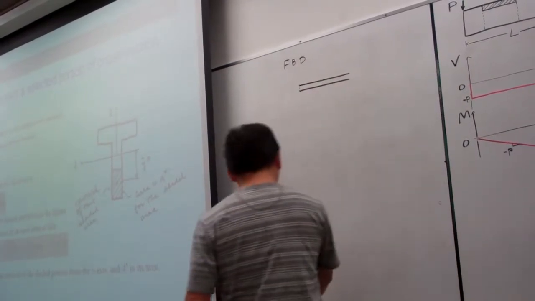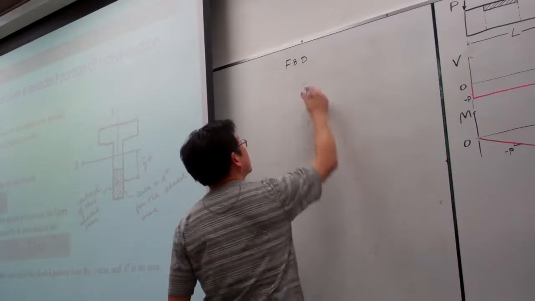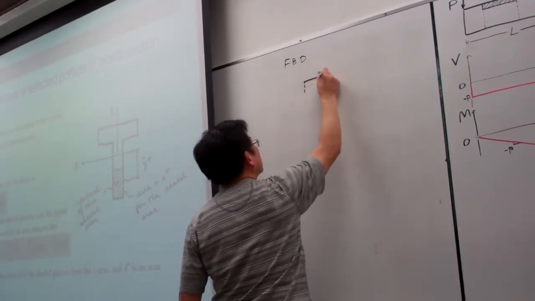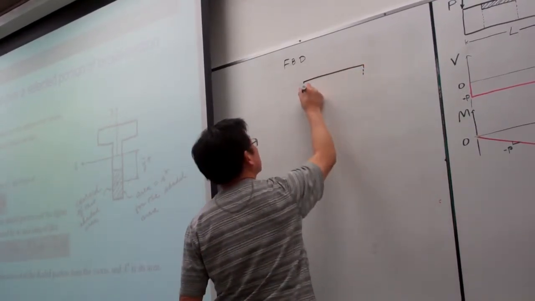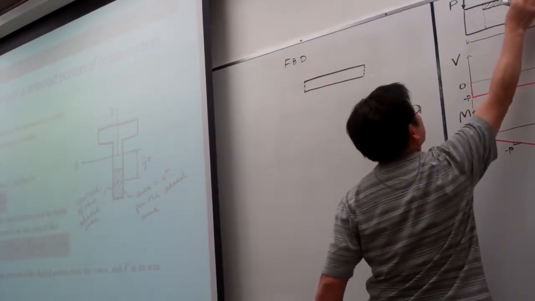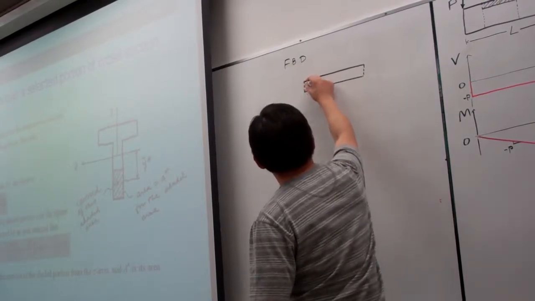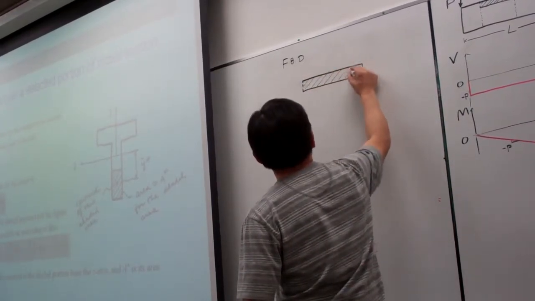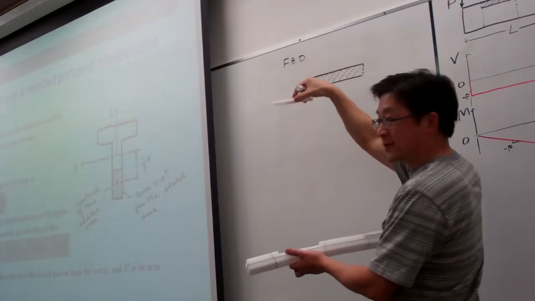Let me enlarge. The dashed line represents the cross section on the two sides, okay? And this is the free body diagram we pick, which means this part.